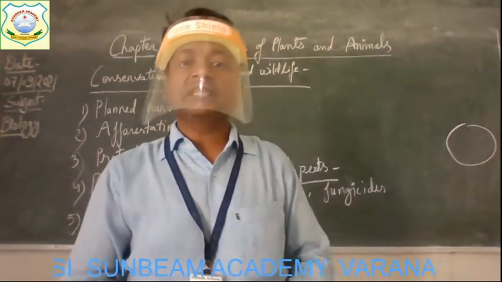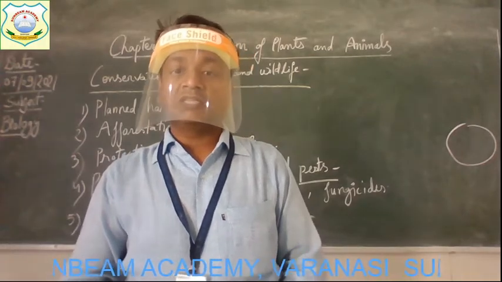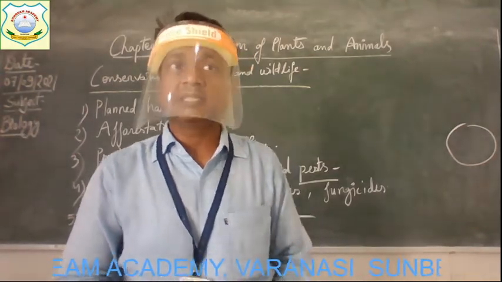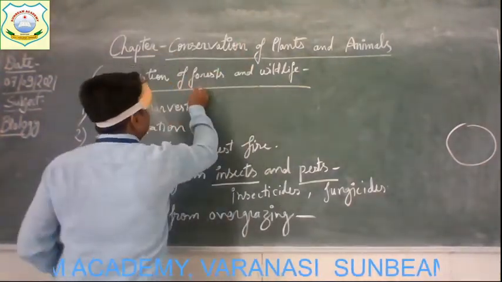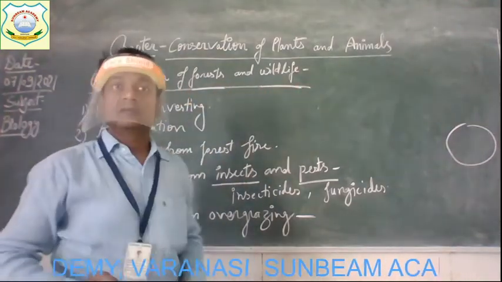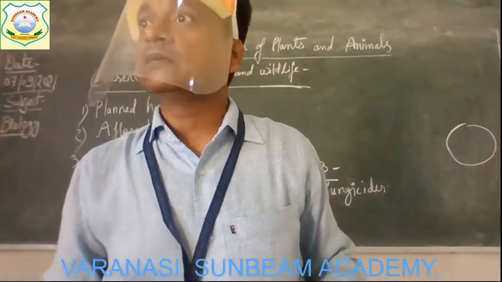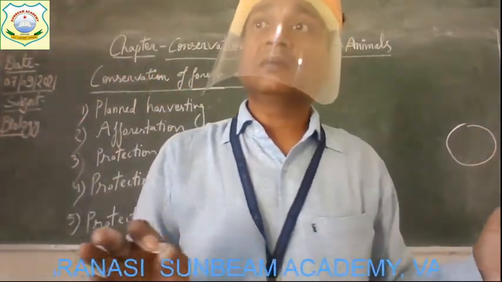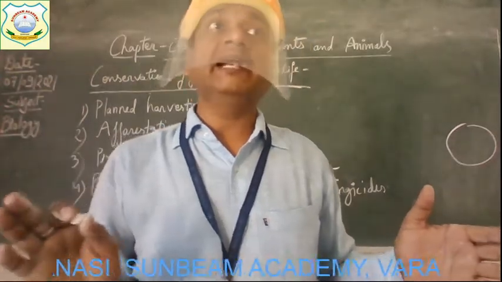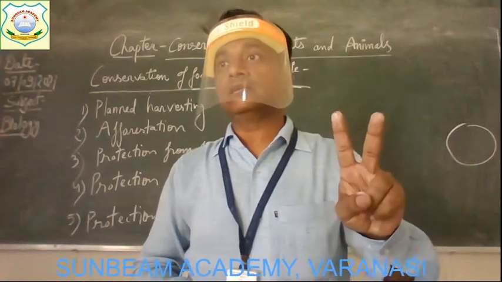Now, wildlife conservation is closely related to forest conservation. Just see that the two words are there: forest conservation and wildlife conservation. Under forest conservation, what will come? Protection of trees. And wildlife conservation, protection of wild animals. Get it? But they both are related to each other.